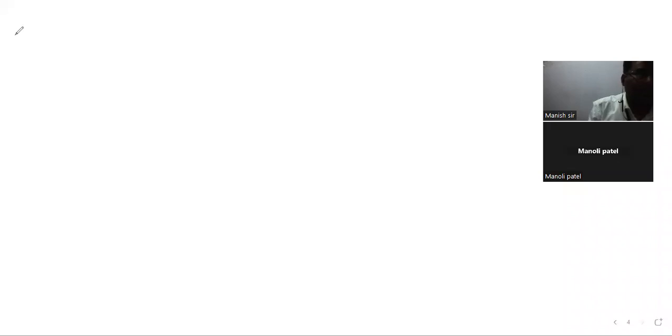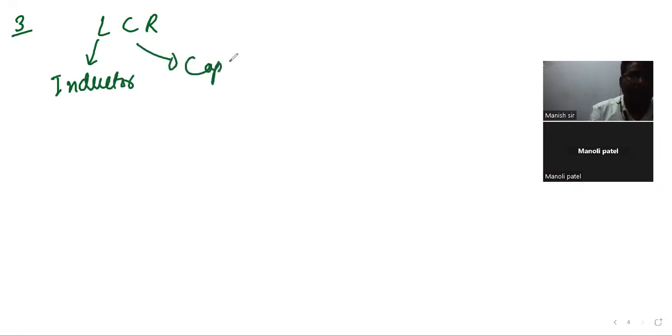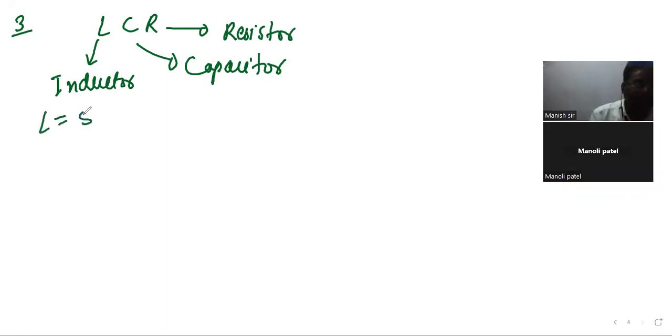So we'll solve the third sum now, a series LCR circuit. LCR means L for inductor, C for capacitor, and R for resistor. So these three quantities are added in this circuit. The L value is given, that is 5 Henry.